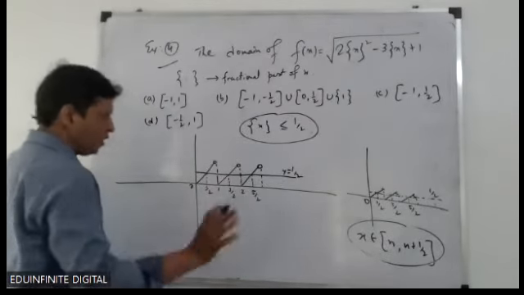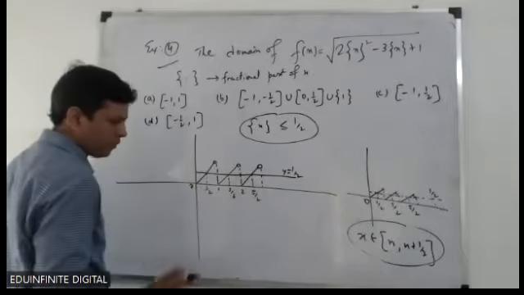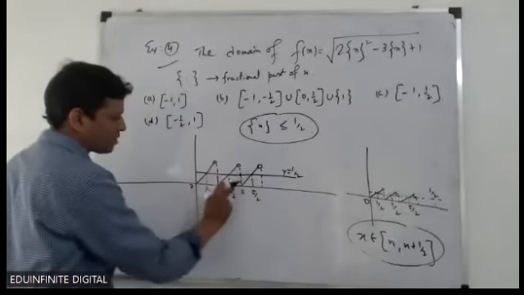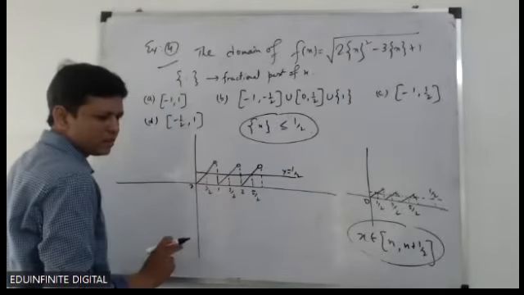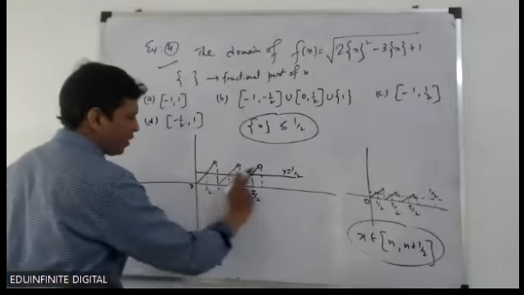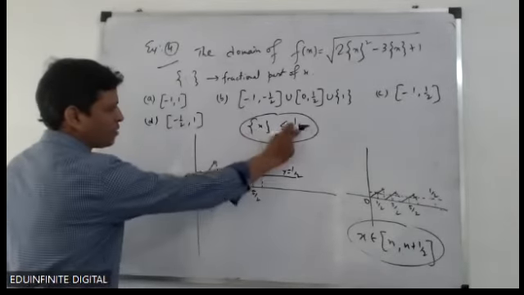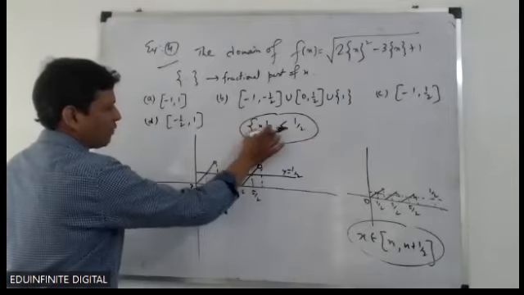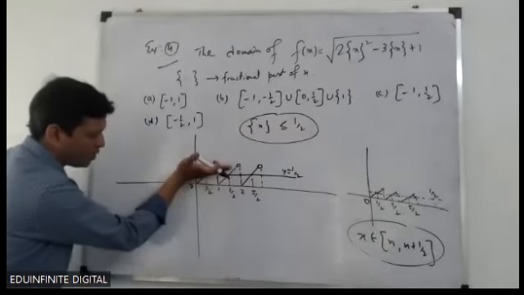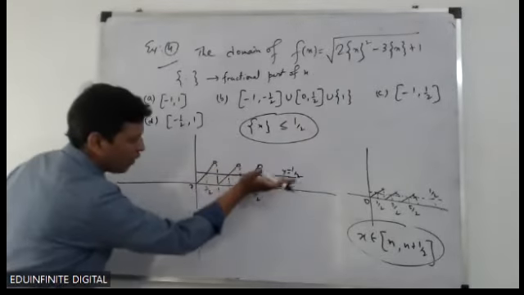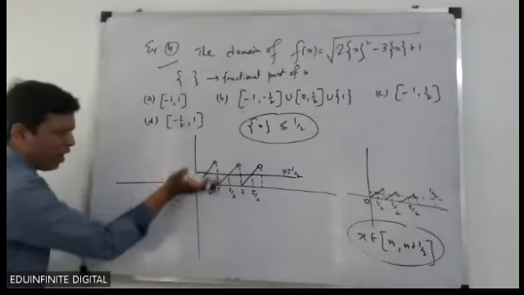Now I am drawing the diagram. This is the fractional part of x, and this is the y equal to half line. Now the fractional part of x is less than or equal to half. That means it is below the half line. You have to take those portions that are below the half line.